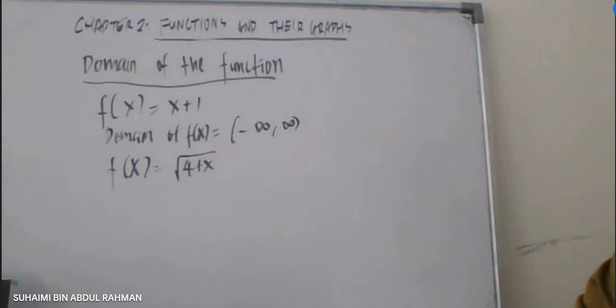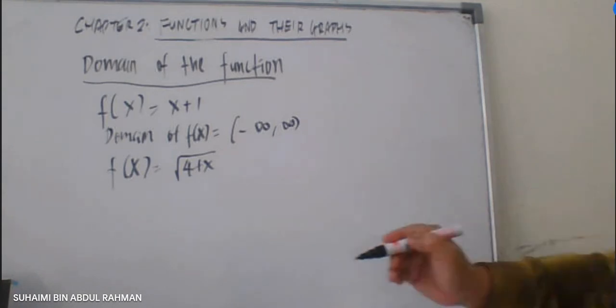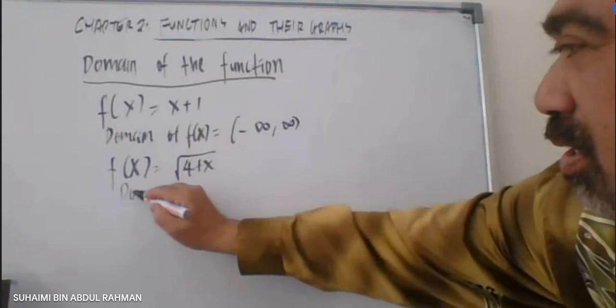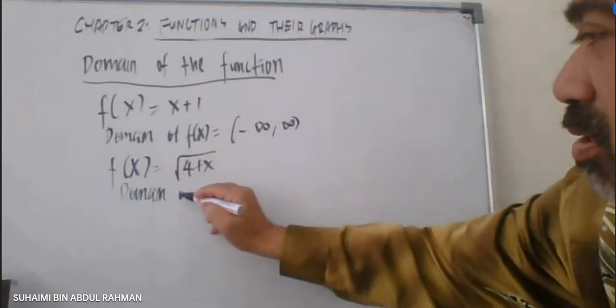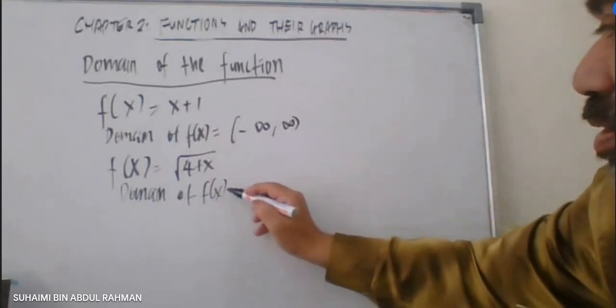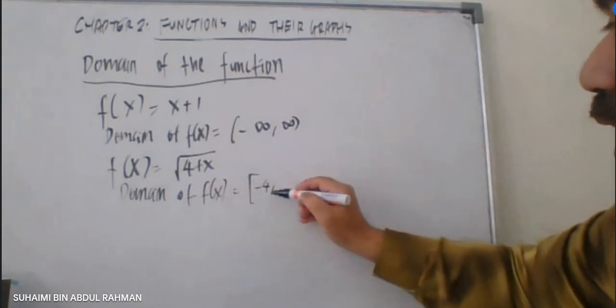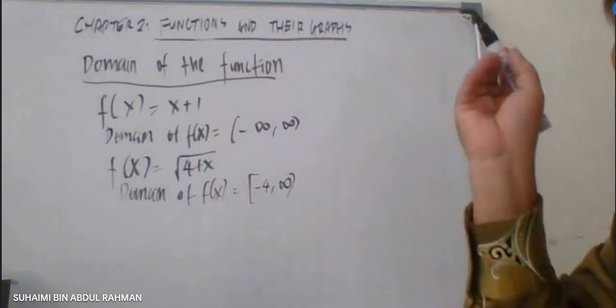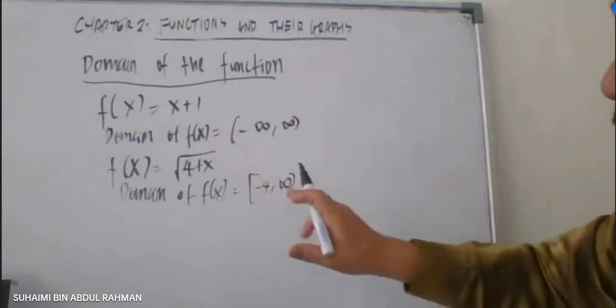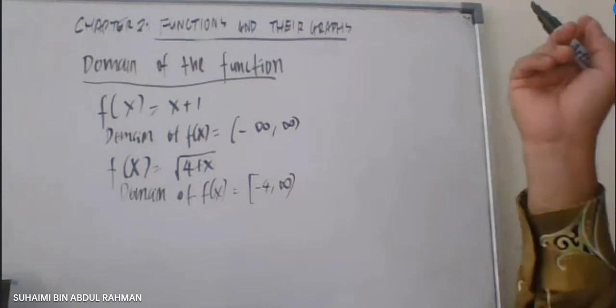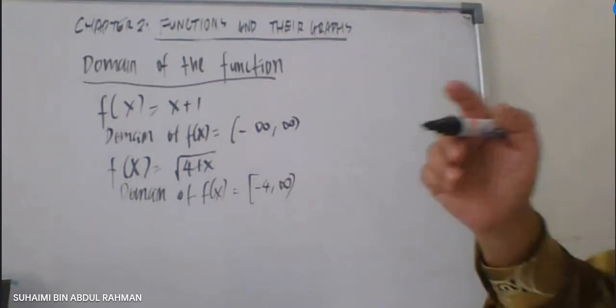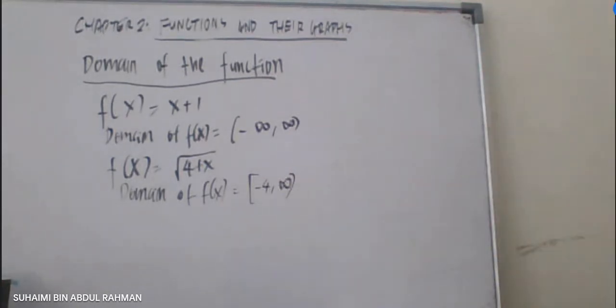So the domain of the function is from -4 until infinity. This is what we call interval notation.